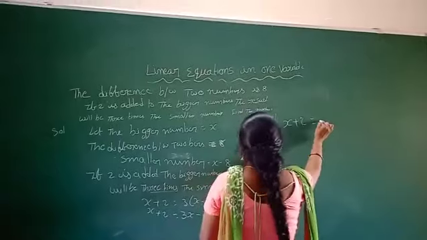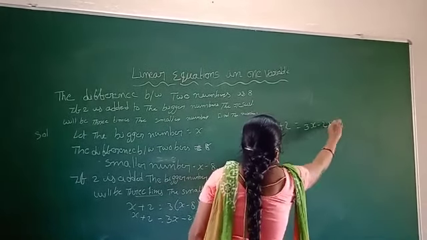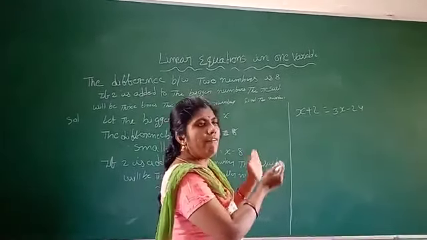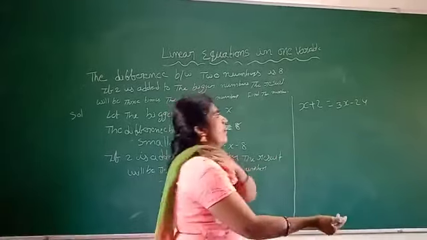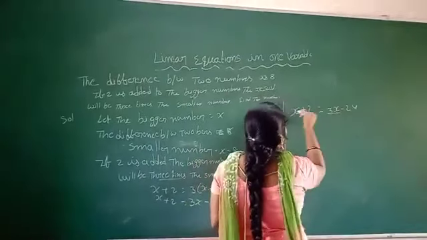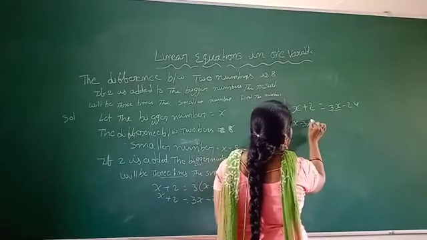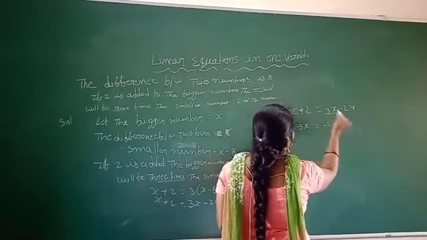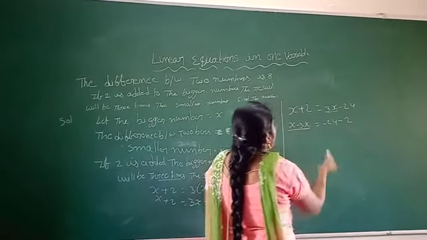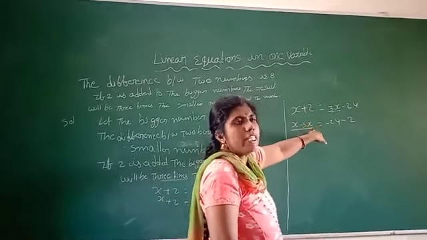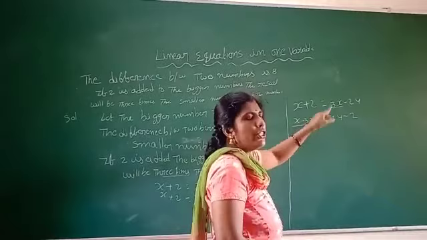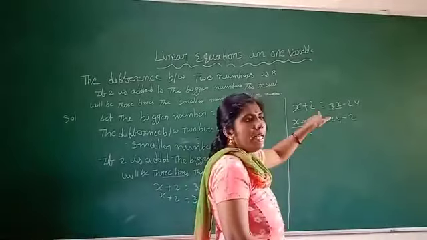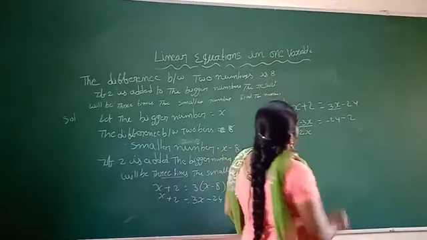x plus 2 equals 3x minus 24. To solve, variables go to one side and constants to the other side. So 3x is moved to the LHS as minus 3x, and minus 24 plus 2 is moved to the RHS, where plus becomes minus. So x minus 3x is minus 2x.